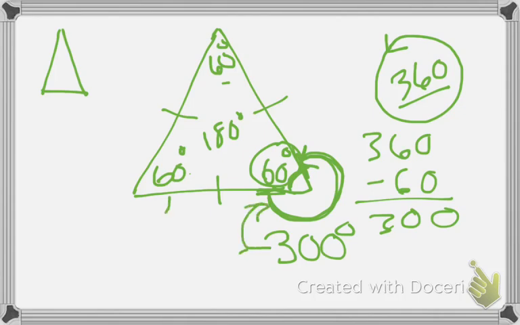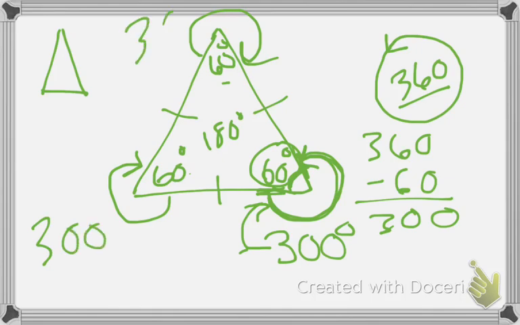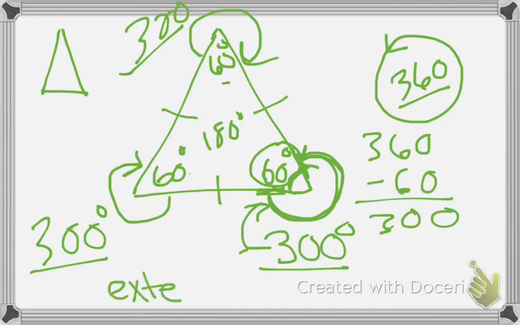is 300. Well, since all my angles are the same, guess what? All my exterior angles are also the same. So this is going to be 300, this is going to be 300, okay, degrees. So on the outside, if I added up all my exterior angles, we'd get 300 plus 300 plus 300, which on the outside, or exterior angles, we've got 900 degrees.